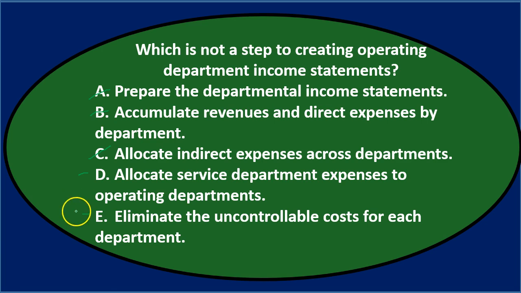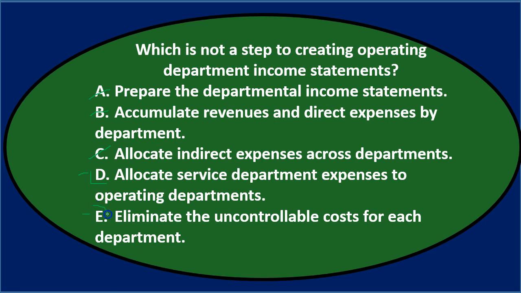So E, you might think sounds reasonable, but that's when we're judging the performance in responsibility accounting, when we might eliminate the uncontrollable costs. However, here we're talking about the operating department income statement, at which point we will be allocating the indirect costs, which may include uncontrollable costs, as well as the service department expenses to the operating departments.